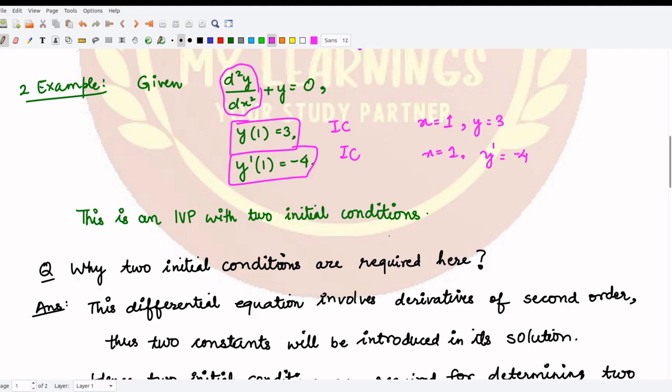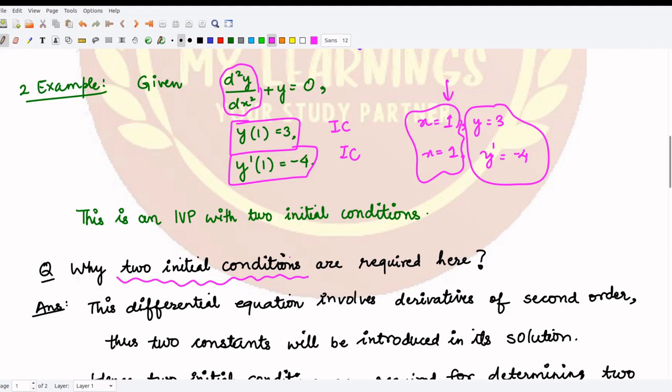So this is again an initial value problem because we are given the same point here. The point is x is equal to 1, and for this we are given different values of y and its derivatives, correct? So why are two initial conditions required? Why not 1 or why not 3? Do we have any specific criteria as to how many initial conditions we have?